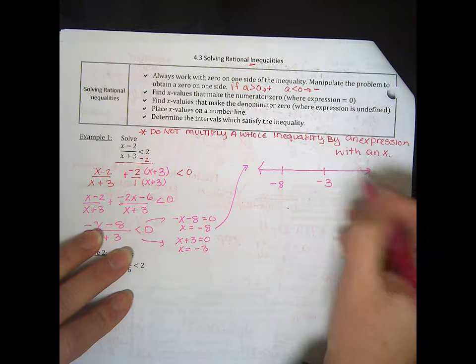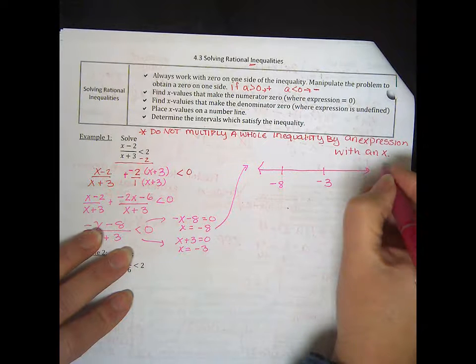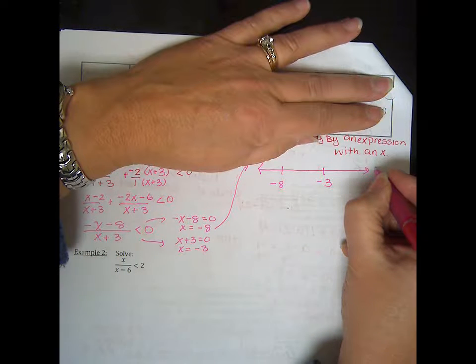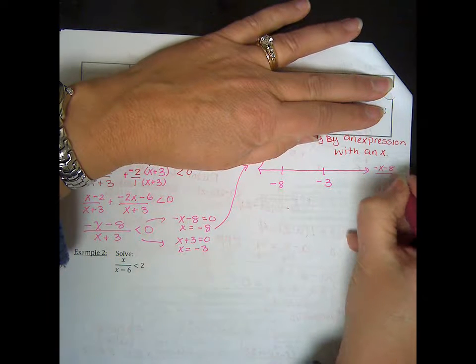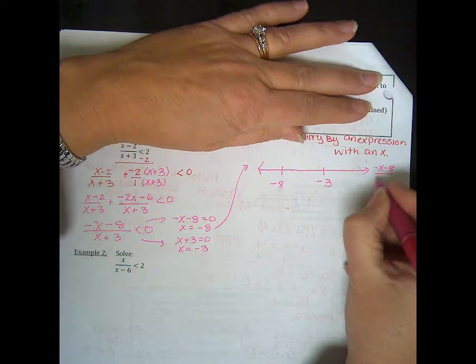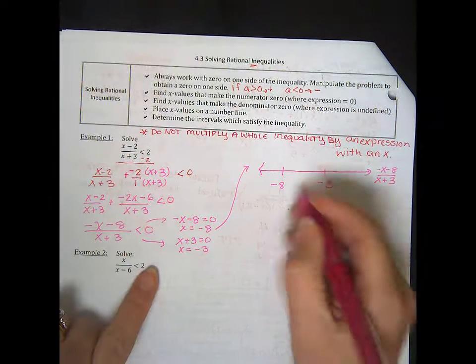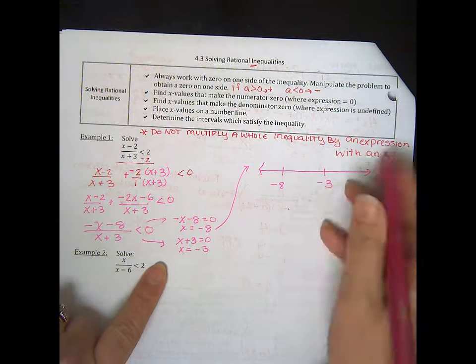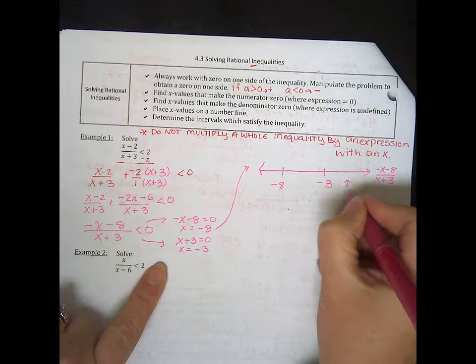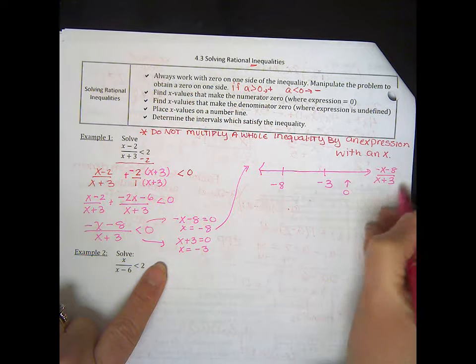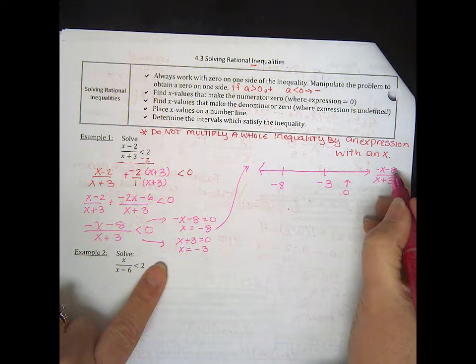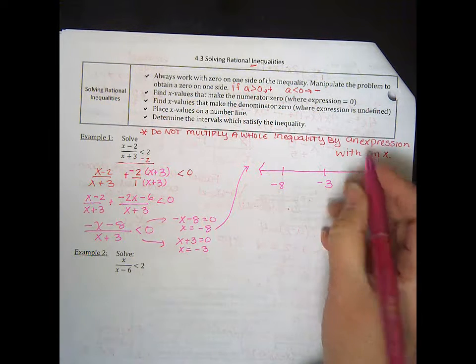We're looking for the sign of the fraction negative x minus 8 over x plus 3. We're trying to see where it is positive or where it is negative. I always like to plug in 0. We've done this before. If I plug 0 into the whole fraction, I'm going to get negative 8 over 3, which is a negative number.